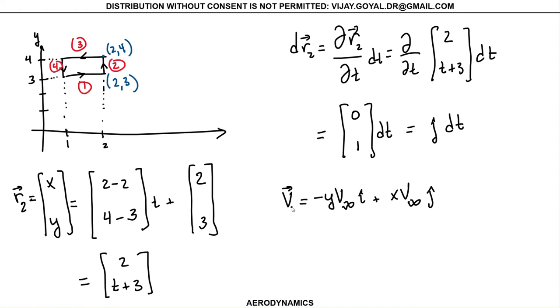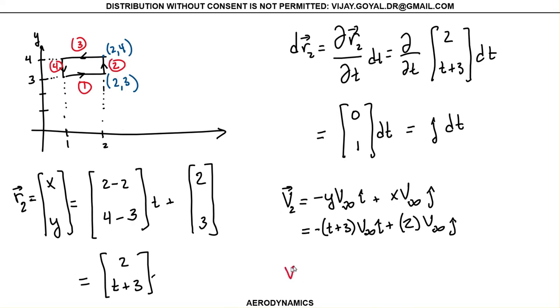So I want to replace here my x and y that will come from here. That would be nothing else than minus (t plus 3) v infinite i plus x is 2, so this is 2 v infinite j. Okay, so this will be the flow regarding this segment.